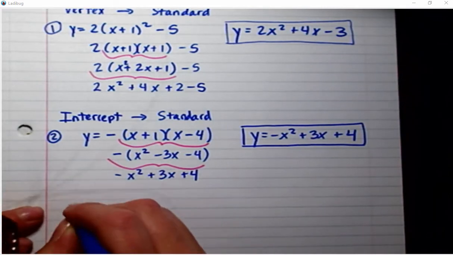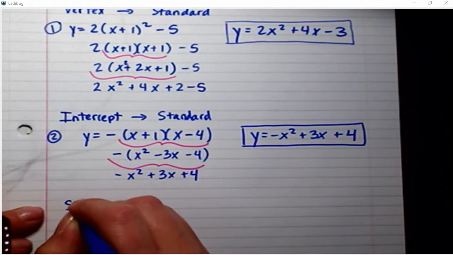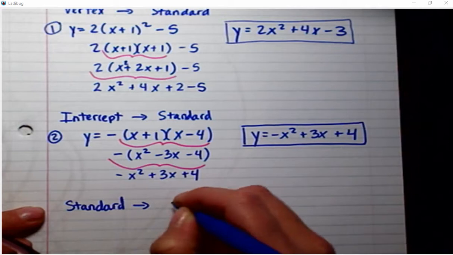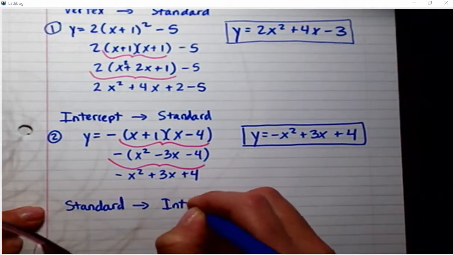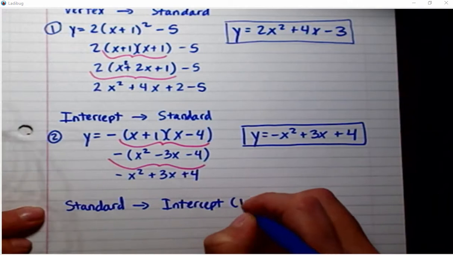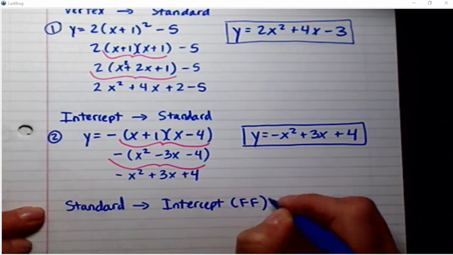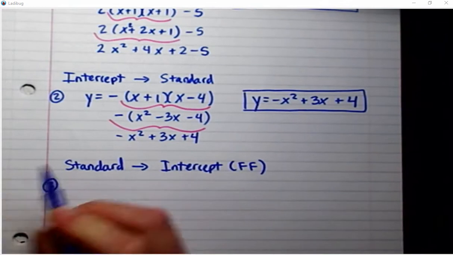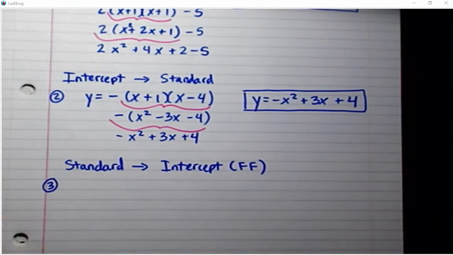So let's go standard to intercept, okay? Which is also factored form, okay? Right? The directions are new, but the skills are not, right? Multiply, FOIL, factored, those things are not new.